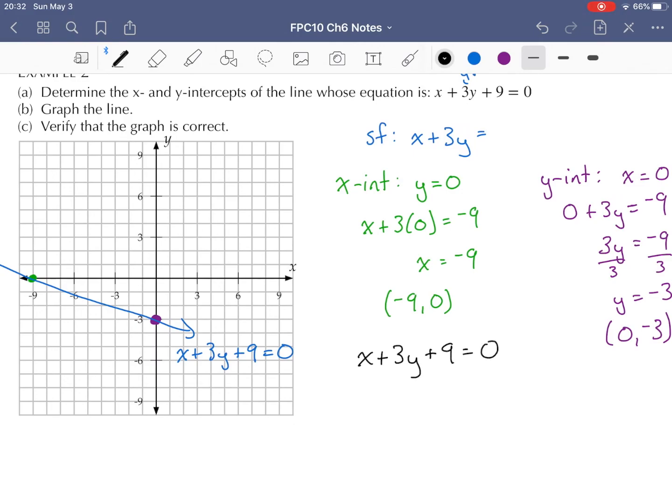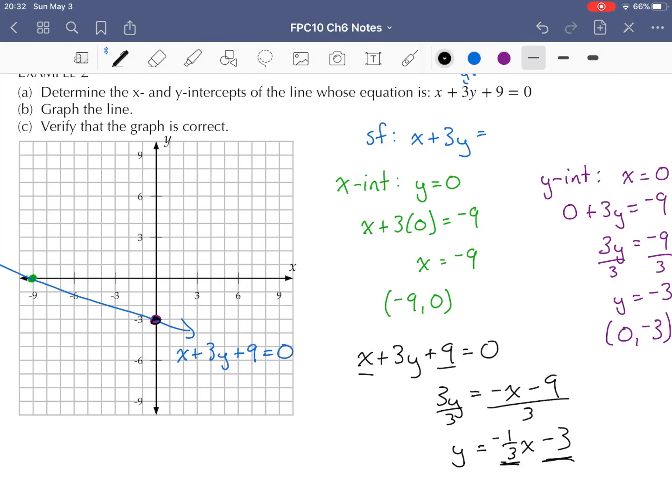So I start off with x plus 3y plus 9 equals 0. So I want to isolate y. So I bring my x and my 9 over to get 3y is equal to negative x, subtract 9. Now I divide everything by 3. Divide both terms by 3, and I get y is equal to negative 1/3 x, subtract 3.